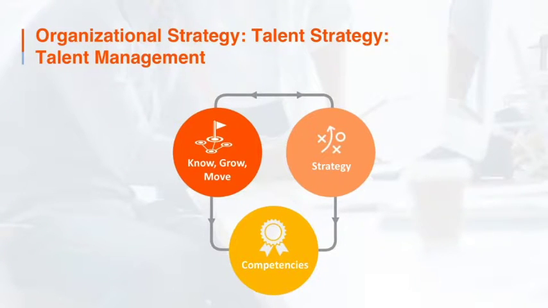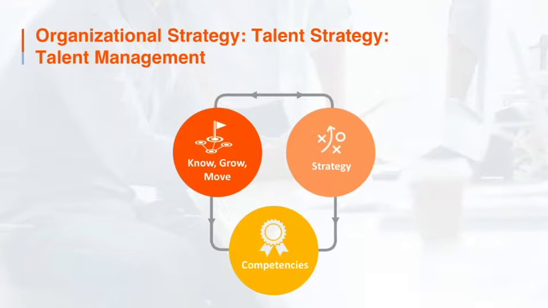a good integrated talent strategy and a strategic talent strategy is one that integrates with an organizational strategy. So what we see on the screen here is an integration and a tie between talent management, know, grow, move your talent, and organizational strategy.